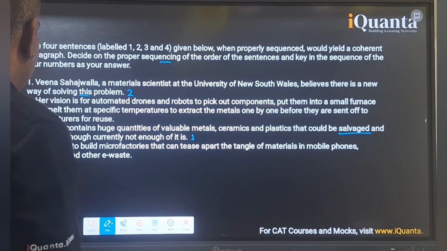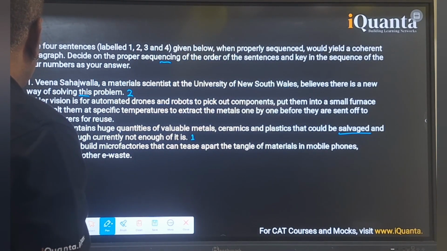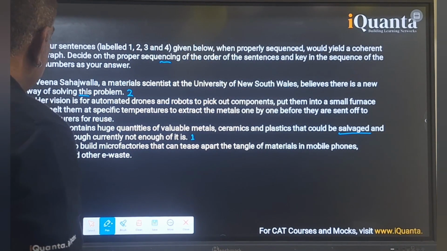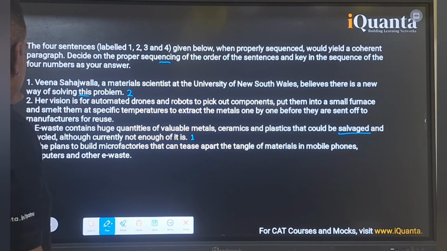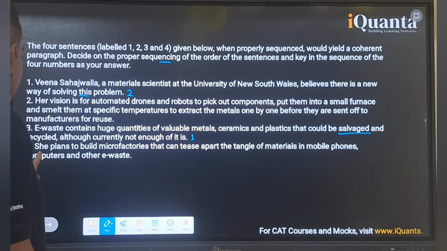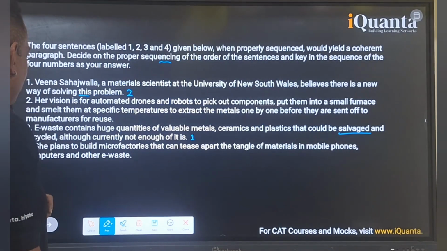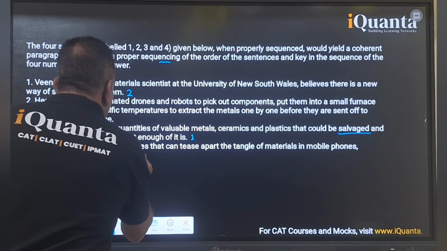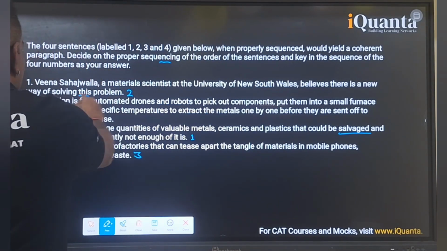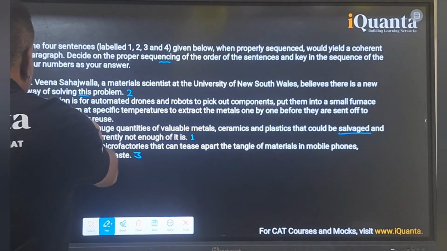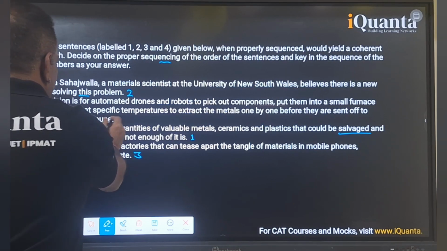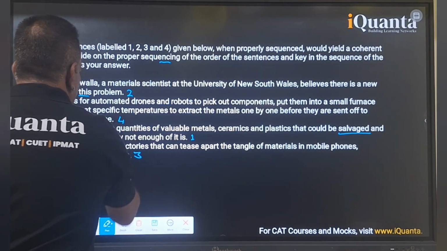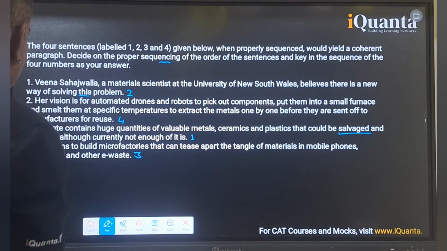So first we'll have to see, this one will be first, this one will be second, then here we'll be talking about micro factories. So this will be number 3. And finally, the smelting and everything together and going to the manufacturer, this will be number 4. So your answer here will be 3, 1, 4, 2.